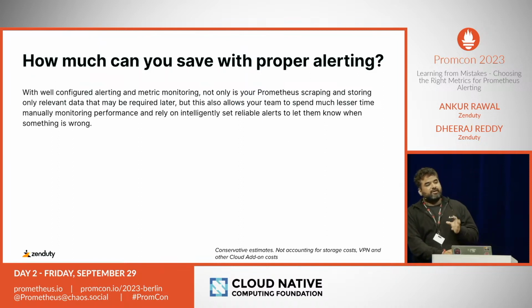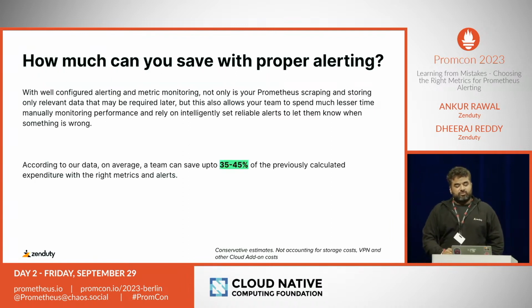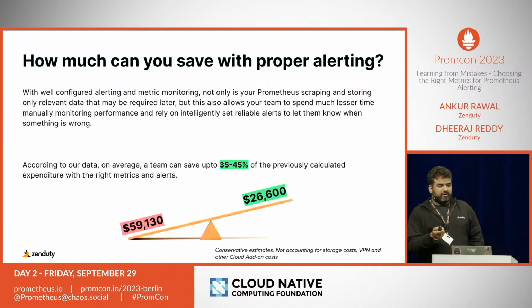The other thing is that your Alertmanager needs to get alerted for that data as well. So we identified that if you set up the right alerting, the cost saving from the data transfer perspective alone is 35 to 45%. In that particular case, the cost was $26,600 compared to $59,000.